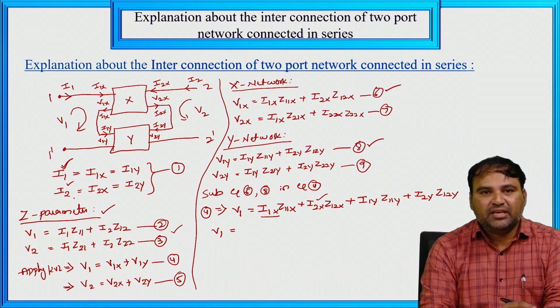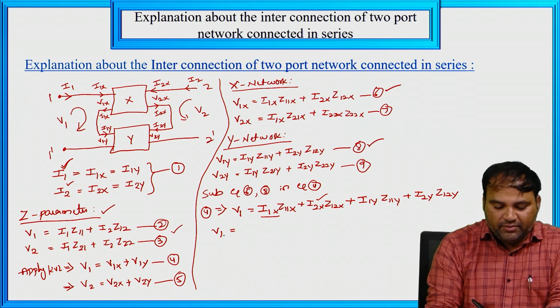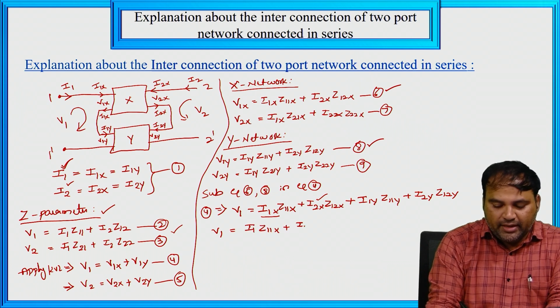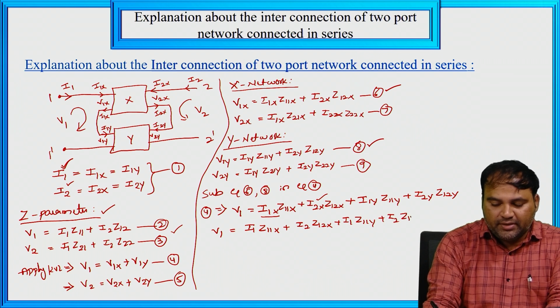So in the place of I1x we write I1, and in the place of I2x we write I2. Then V1 is equal to I1 Z11x plus I2 Z12x plus I1 Z11y plus I2 Z12y.